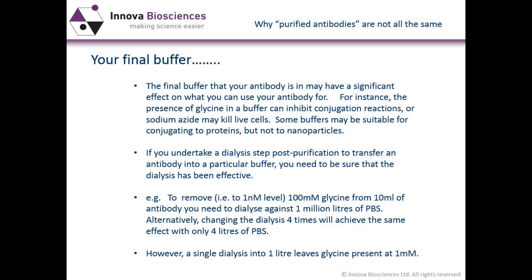You might also have sodium azide that's been added as a preservative. That's great unless you want to incubate that antibody with live cells, and sodium azide may actually kill those cells. You also need to be aware that different buffers might be suitable for different forms of conjugation. So buffers that are suitable for undertaking conjugation to proteins might not be suitable for conjugation to nanoparticles.